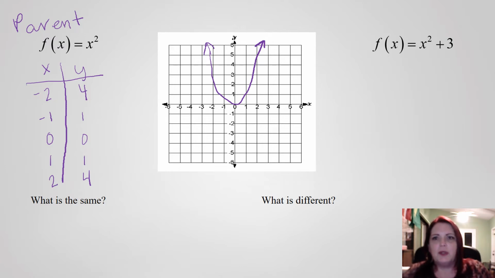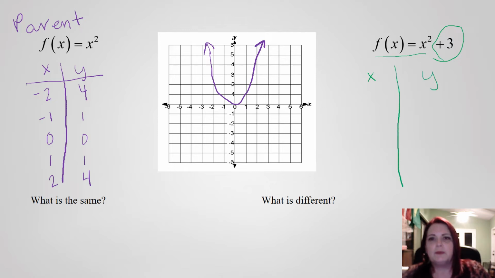Now we're going to do the parent function, and we're going to transform it this way. We're adding a 3 here. So let's go x, y. And I'm going to use those same points. So negative 2 squared is 4, but then I'm going to add 3 and I get 7.